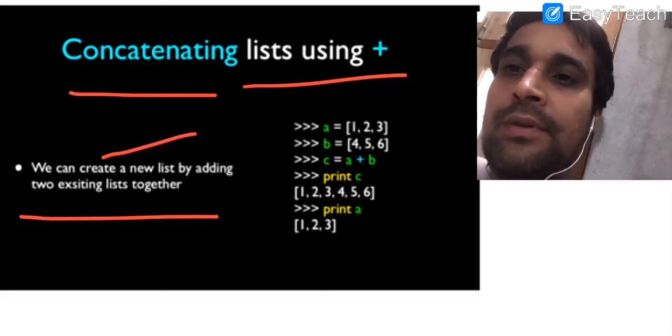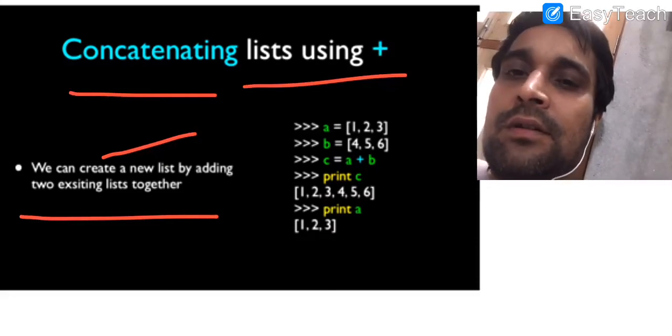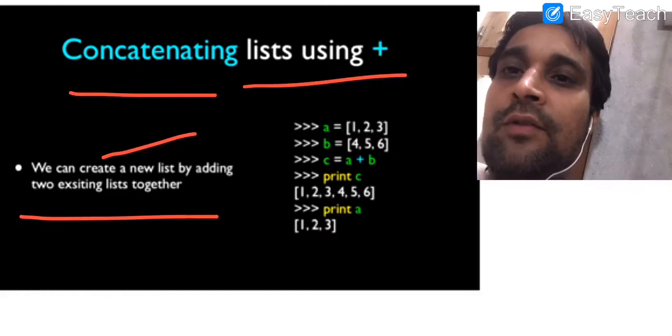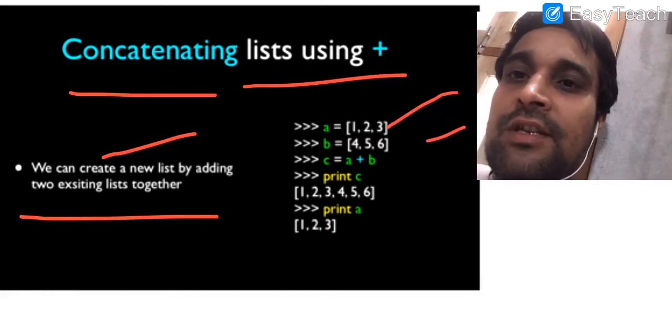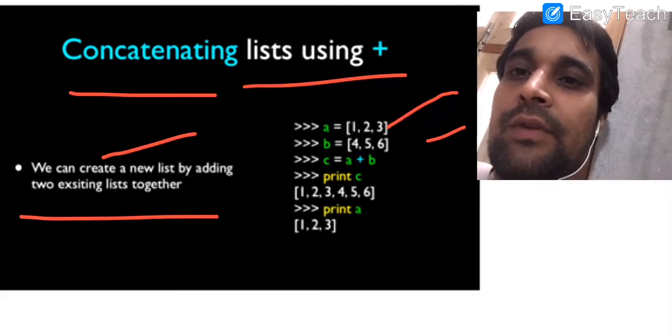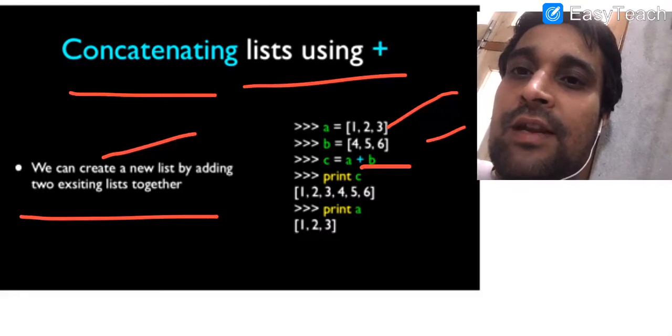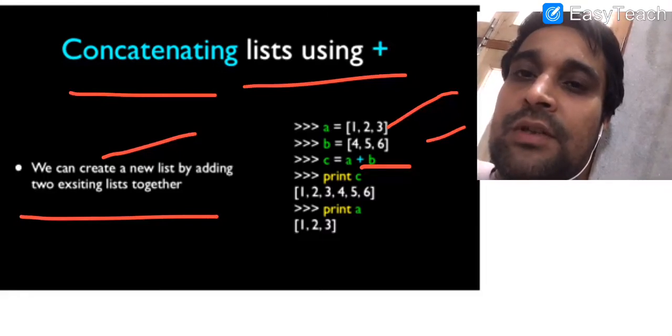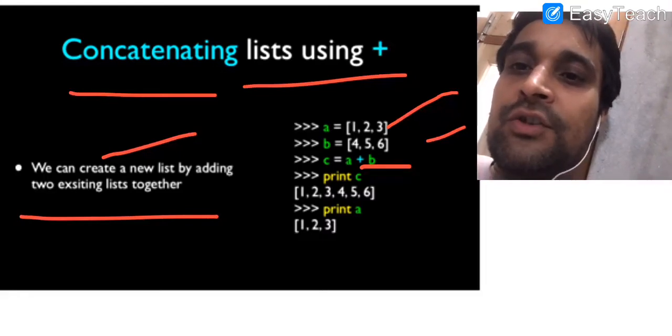In our example with lists, you can see we have created two lists, A and B. A has 3 elements, 1 2 3, and B has 3 elements, 4 5 6. We have written C is equal to A plus B. When we print C, the plus operator performs the list concatenation operation.